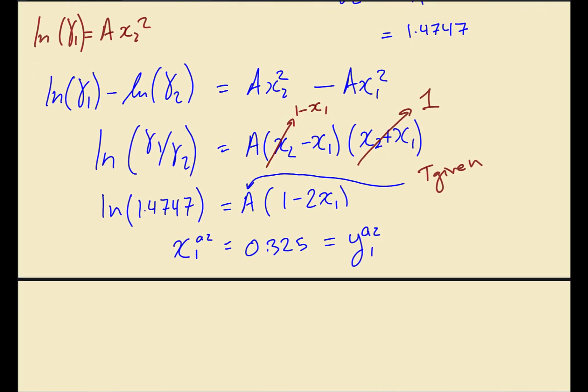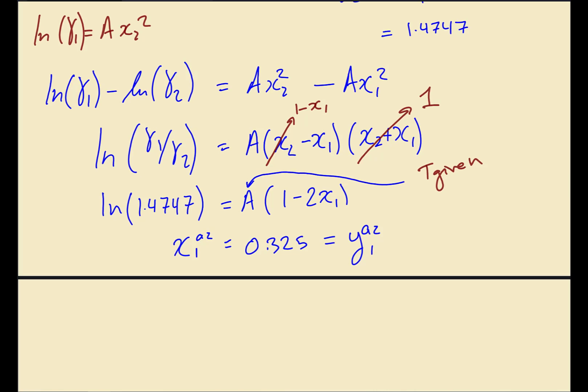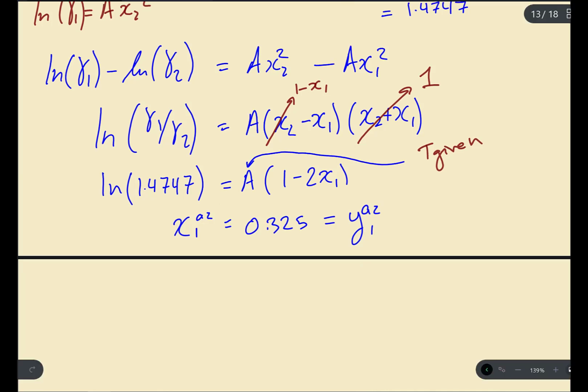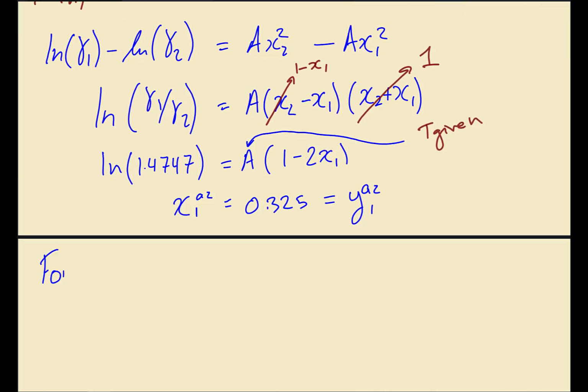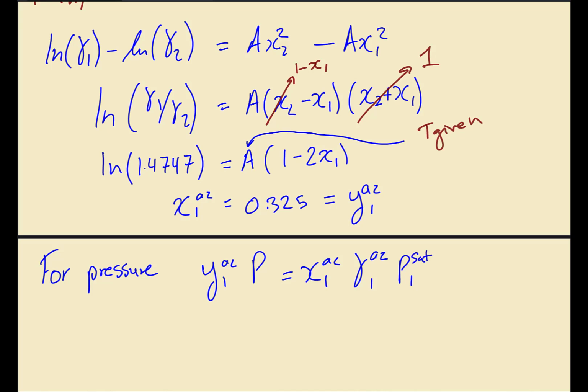With respect to the pressure, we found the composition here. If you know x1 and y1, you know x2 and y2, right? Now we need to find the pressure, so this is when we're going to use the modified Raoult's law. So for pressure, we have y1 isotrope times P equals x1 isotrope, gamma 1 isotrope, p1 sat. This and this are what? Equal. So then they cancel each other out.